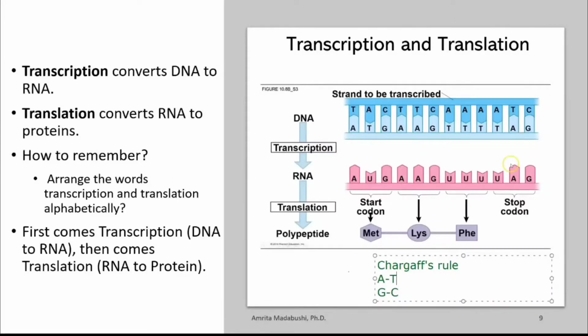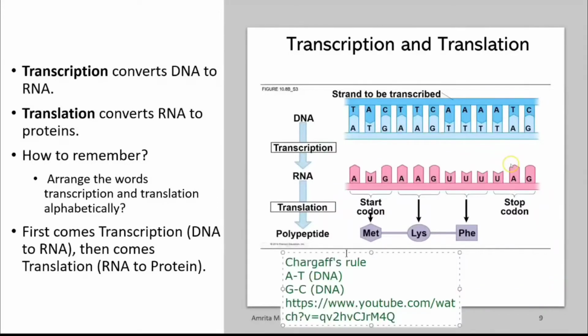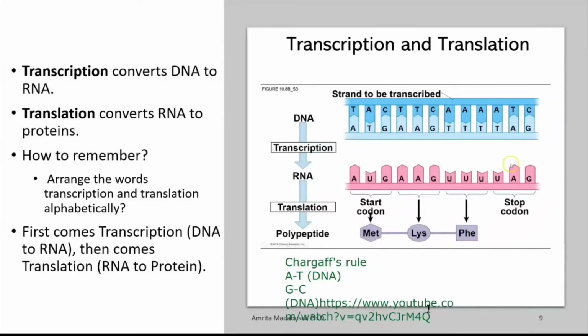Now, I would also say that this rule is valid for DNA, but what about RNA? Is it the same? No. Okay, what is the change in RNA? The U, which is uracil, right?